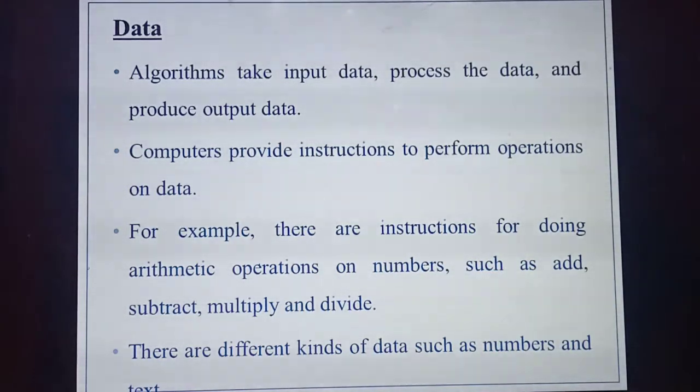Without numbers, will you add something? No. Without numbers, will you subtract? No. For all of these you require numbers. So what do we call those numbers? Data. You can add 2 numbers, subtract 2 numbers or multiply 2 numbers.